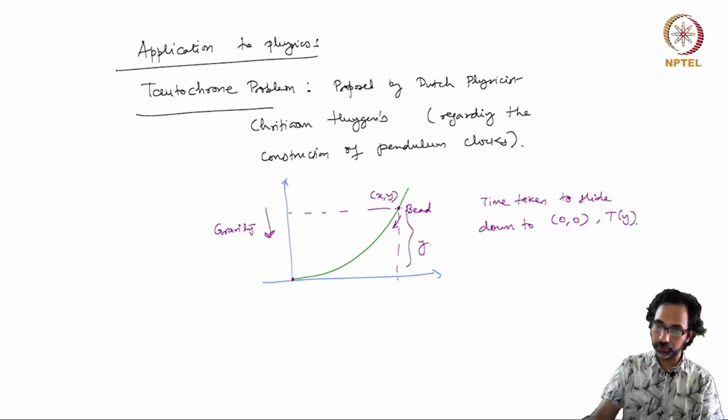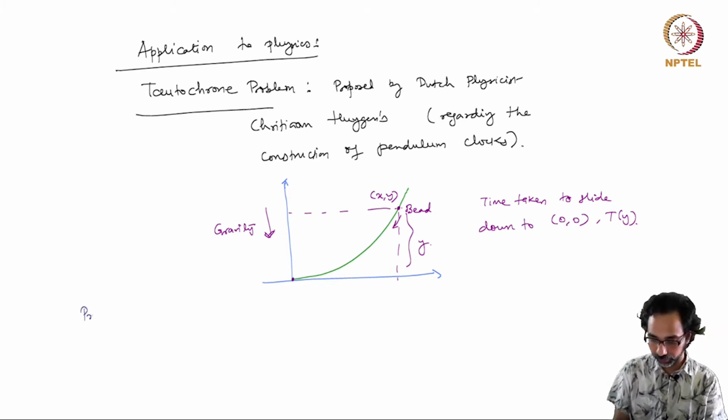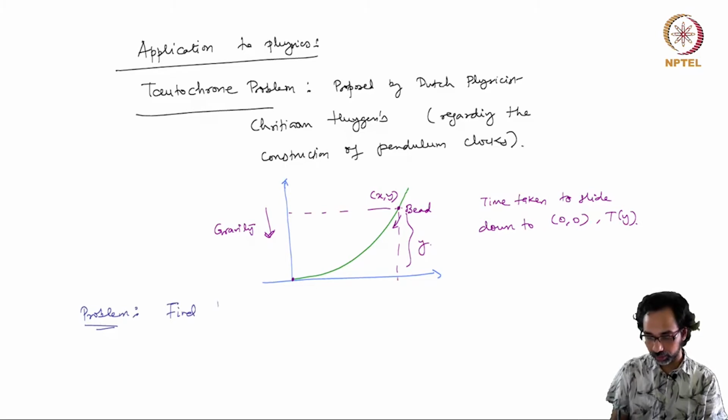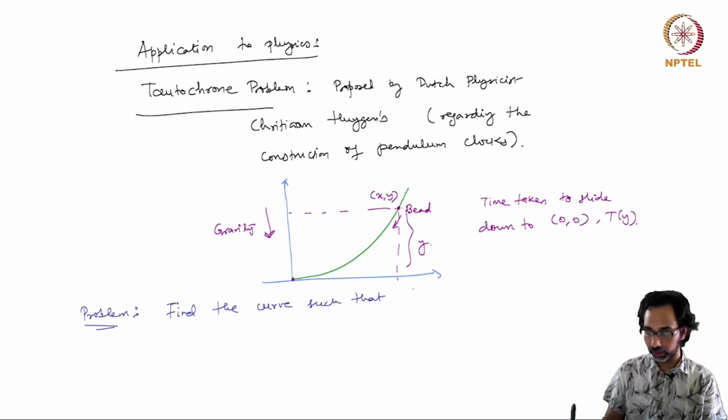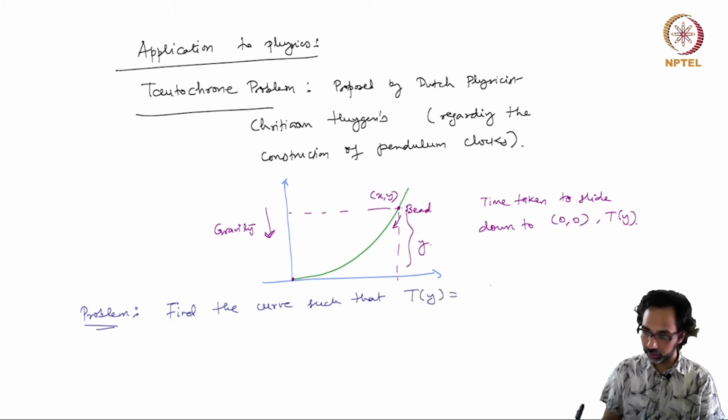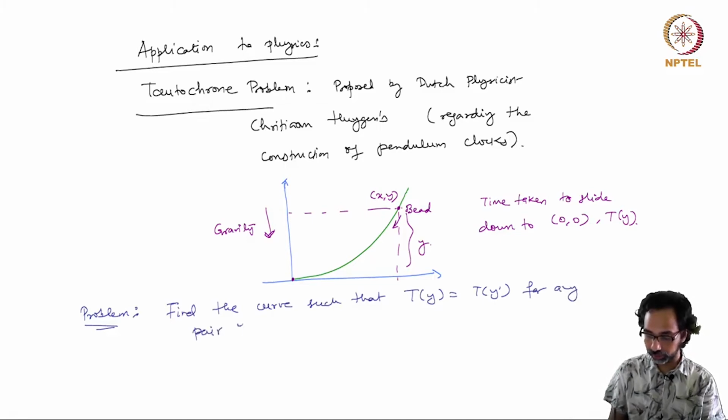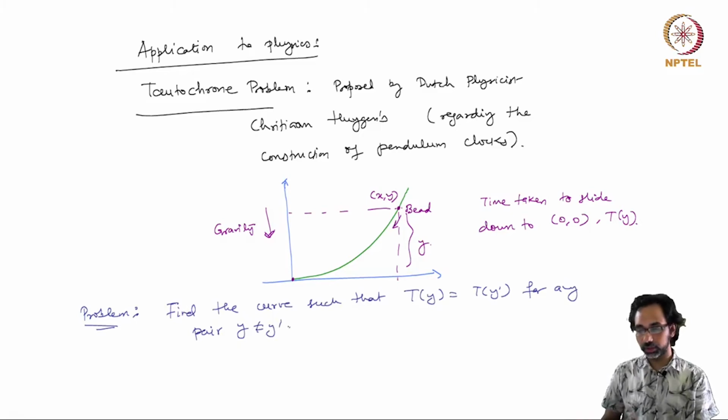So the problem, Huygens' problem or the Tautochrone problem, is to find the curve such that T(y) equals T(y') for any pair of points y not equal to y'.